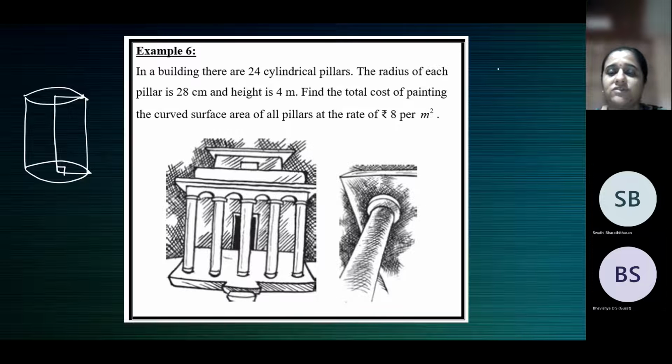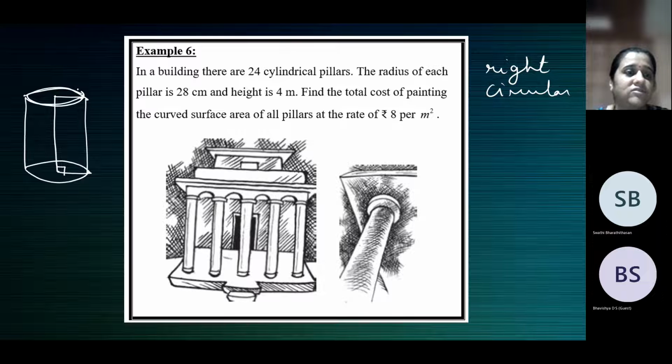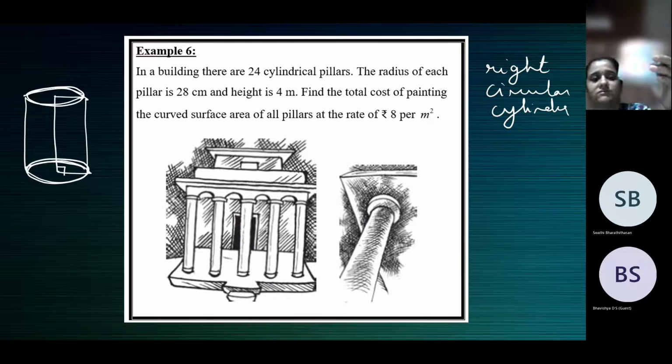Since they're perpendicular to each other, the word right angle, right, circular because the ends are circular. So we're going to talk only about a right circular cylinder. So something like this. Can you see?